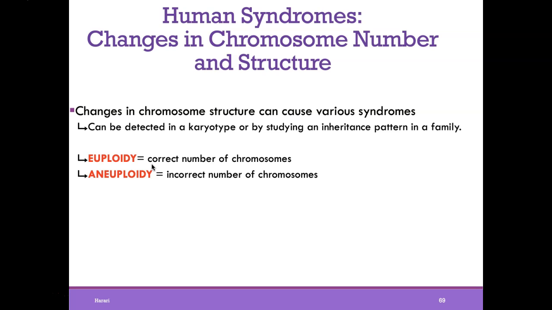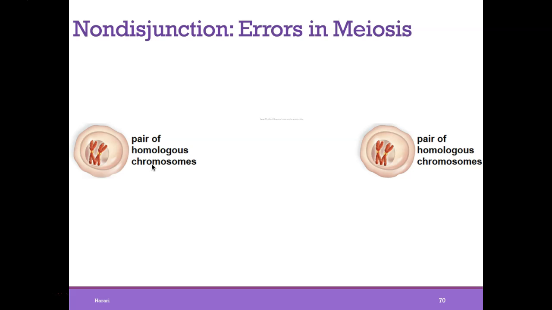But an error in meiosis can give us what's called aneuploidy, which is an incorrect number of chromosomes. It could be an extra chromosome or a missing chromosome. And this is caused by non-disjunction during meiosis. So errors in chromosome number are caused by non-disjunction.